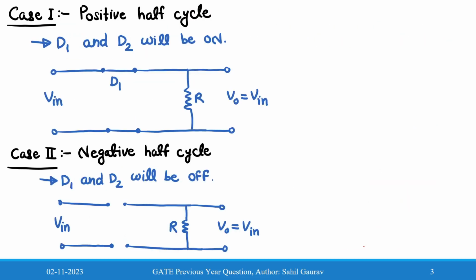Now let us solve this problem. If we see this figure, then we can say that during positive half cycle, D1, D2 will be on because, as we have seen, both D1 and D2 are in forward bias condition.